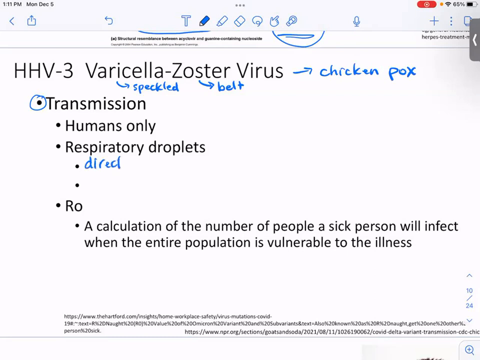Again, respiratory droplets, typically less than 1 meter. Okay, it's not considered airborne. Maybe in rare instances it could travel a little bit further than that, but typically close contact.